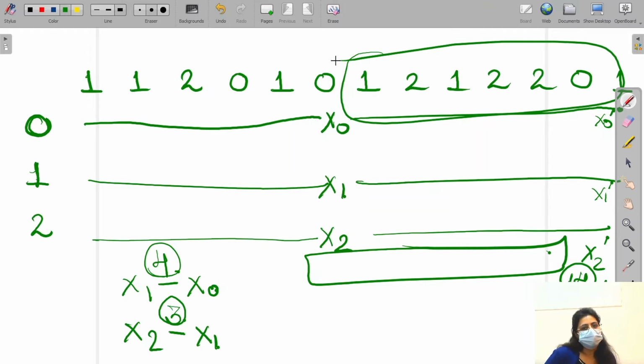Why is that? If the gap is constant between these points, then of course there are equal numbers of zeros, ones, and twos. That's why the gap is the same. Let's move ahead to our approach.